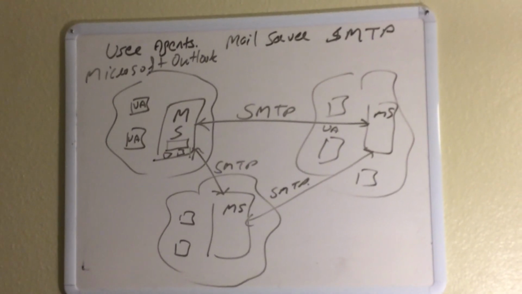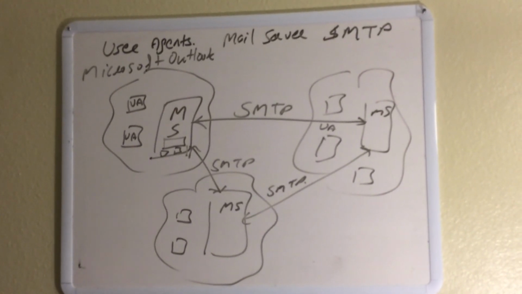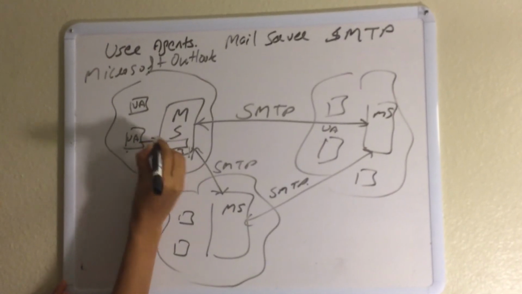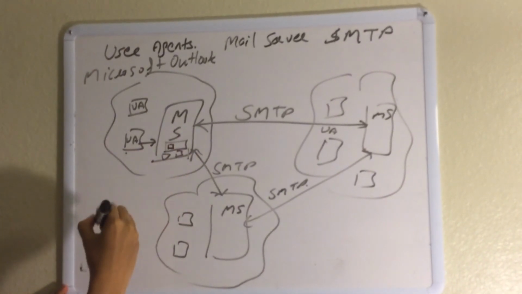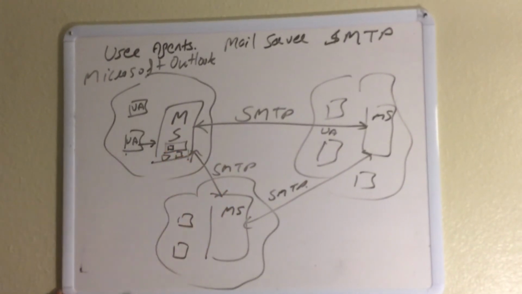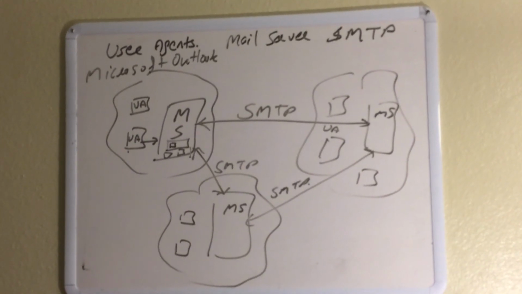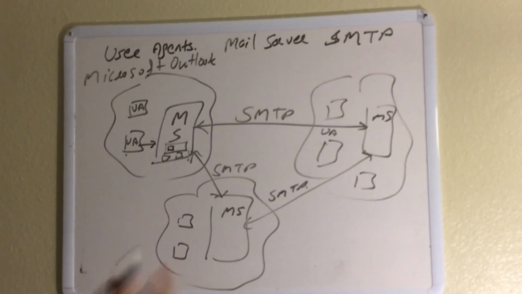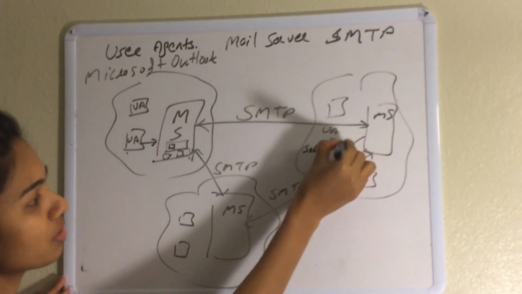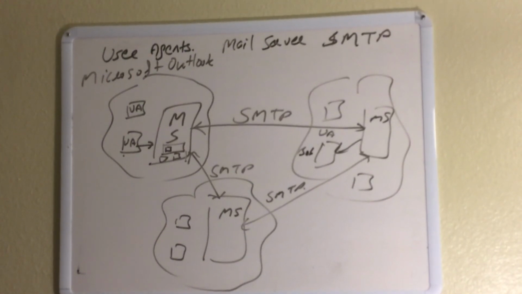Alice composes her message, then her user agent sends the message to her mail server. It goes in the outbox messaging queue and stays there, and when Bob wants to read the messages, his user agent retrieves the messages from his mail server and then he can read his messages.